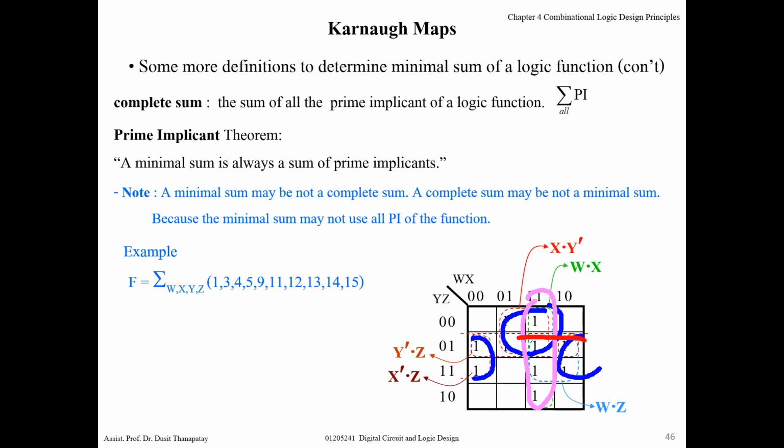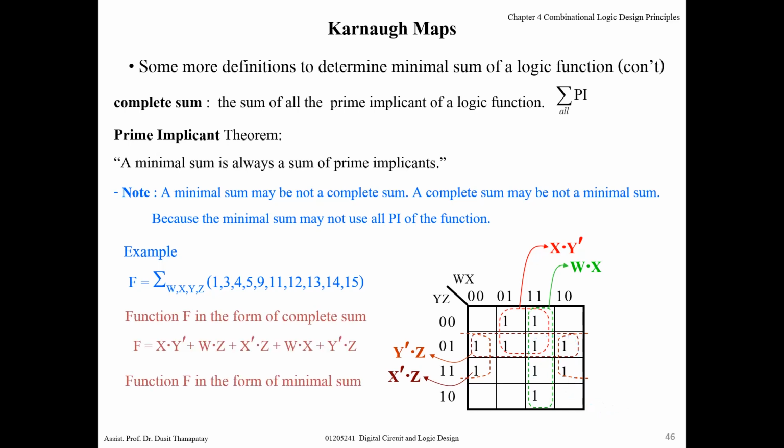You need not use this group, because this and this are enough to cover all logic 1 outputs. So if you use the minimal number of prime implicants, you will produce the minimal sum.